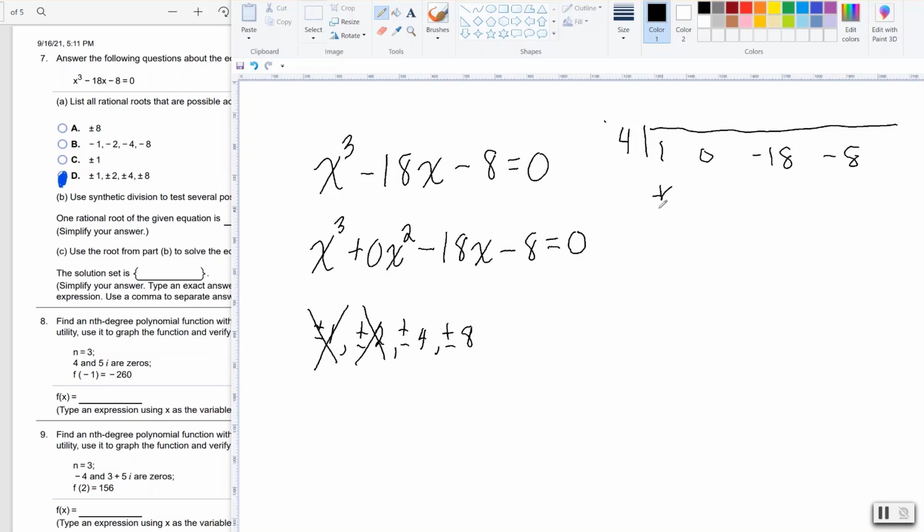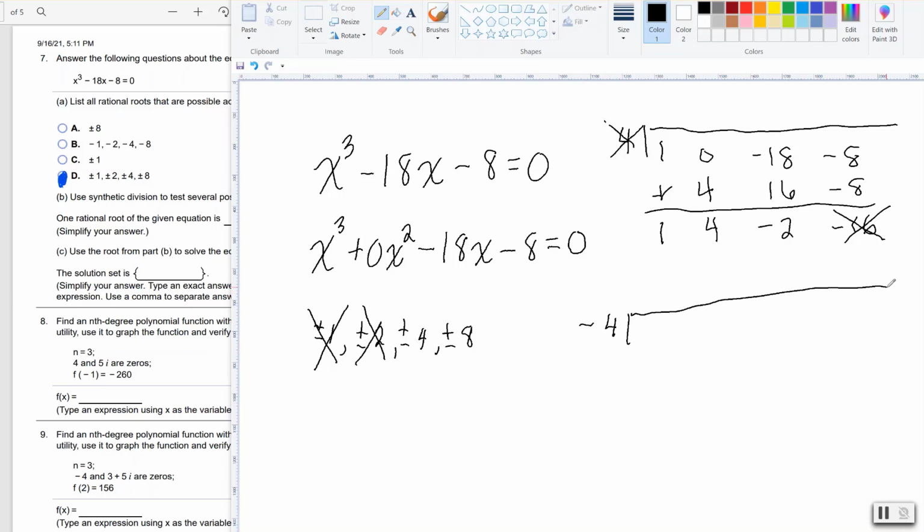Drop the 1 and multiply. 4 times 1 is 4. Add, I get 4. 4 times 4 is 16. Add, I get negative 2. 4 times negative 2 is negative 8. Add, I get negative 16. That's not going to give me a remainder of 0, so therefore 4 is not a root.